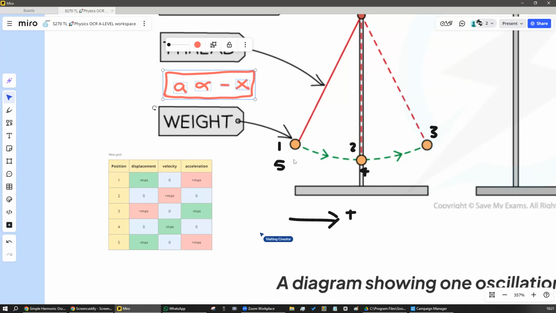So whenever you pull it to one side, the acceleration is always pulling it back towards the equilibrium point, and the proportion by which you change the position is the same as the proportion of the acceleration, but in the opposite direction. So this is the most important point.